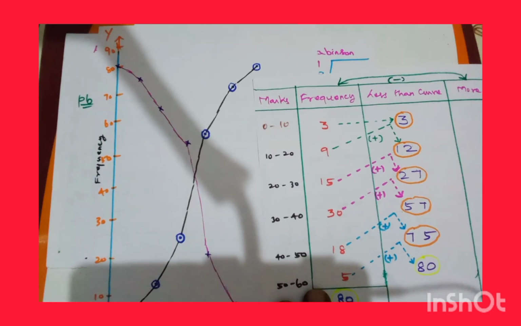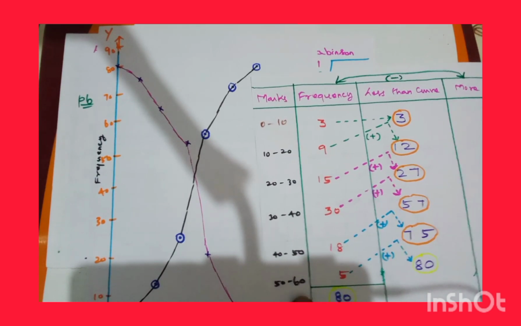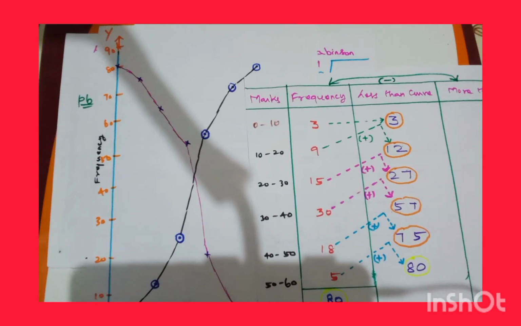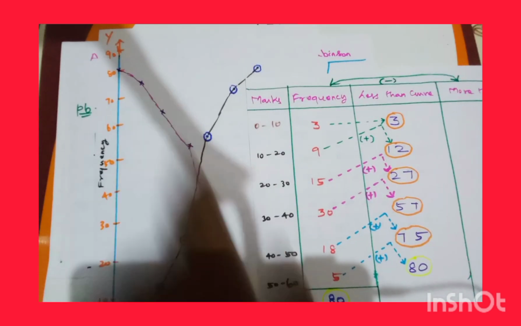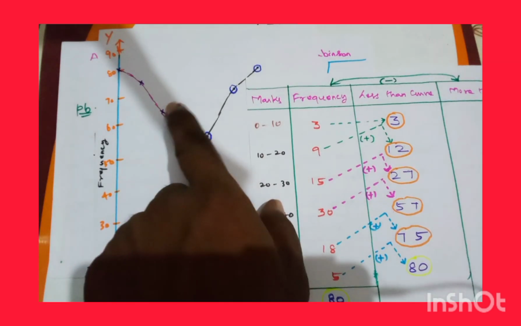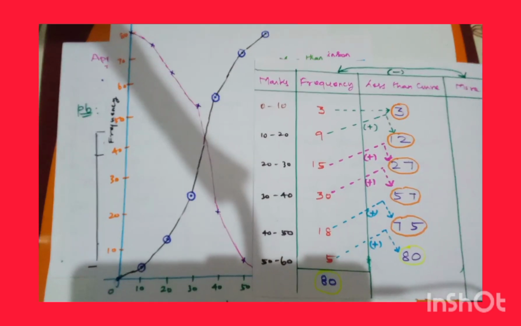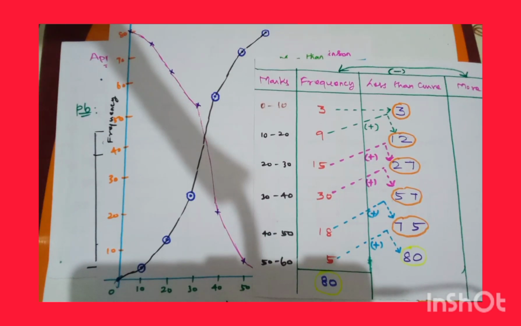And for the next one, for the more than curve consider the lower limit of each interval. For 10, 77. Then 20, 68. Then 30, 53.